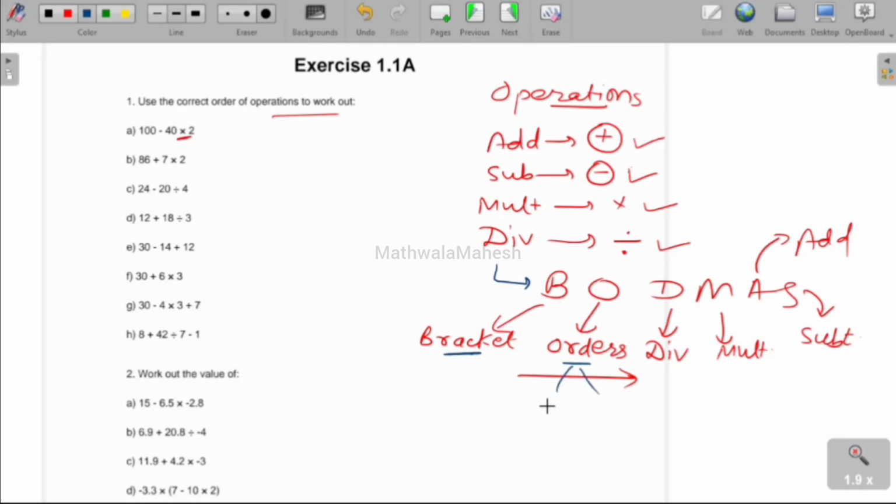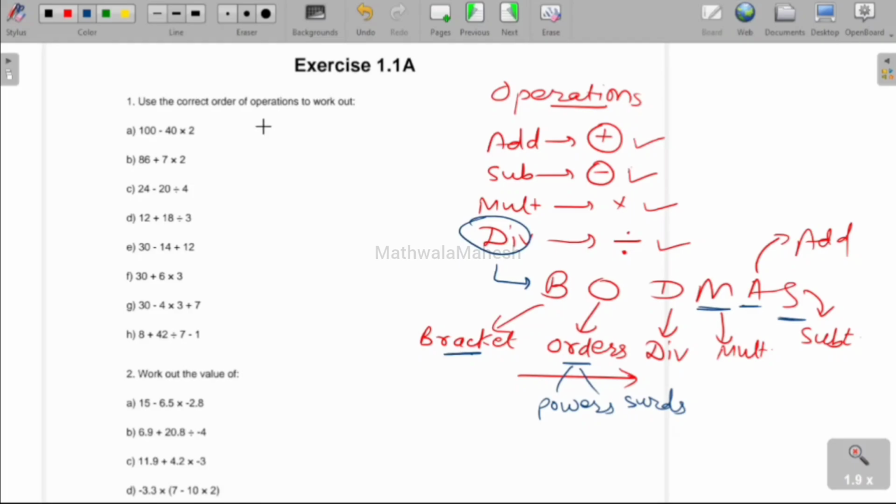Orders means powers, surds, and after that, division, and after that, multiplication, then addition, and then subtraction. So see the first question.